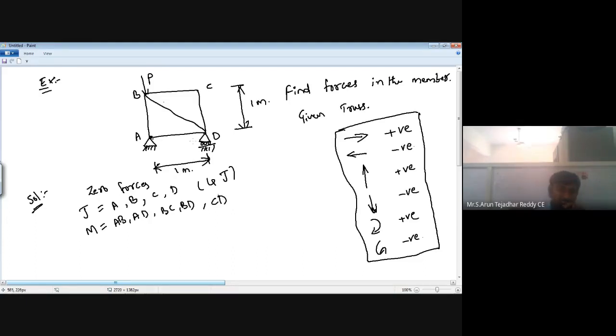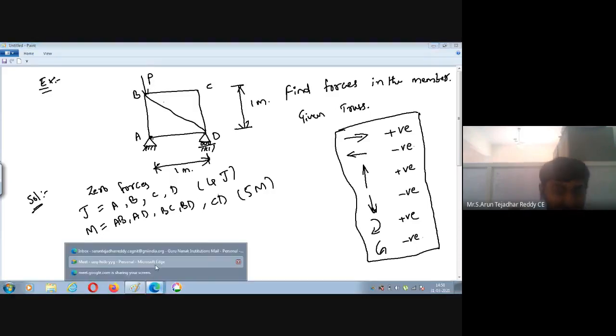So totally 5 members: 1, 2, 3, 4, 5. 5 members are acting here: AB, AD, BC, BD, and CD. So in these 5 members, is any one member getting zero force?